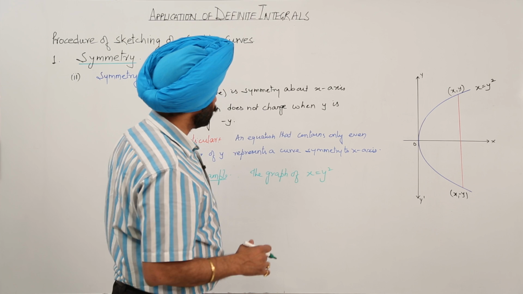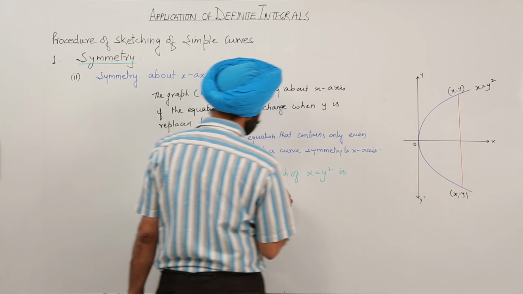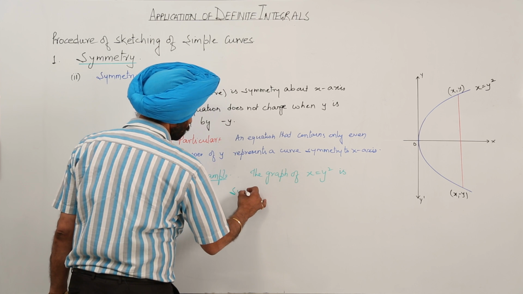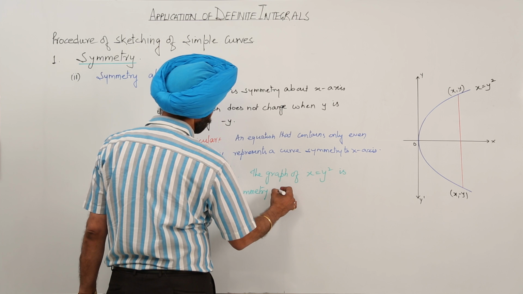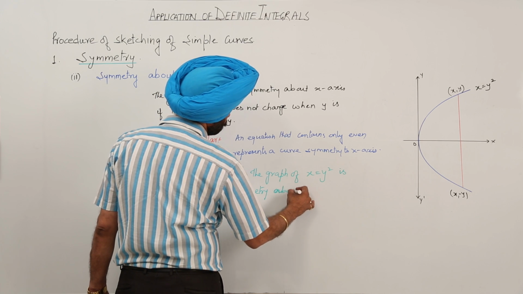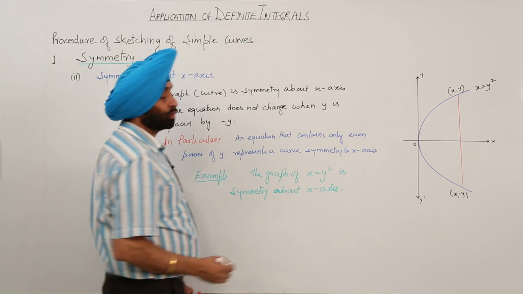Okay, so the graph of x is equal to y square is symmetry about x-axis. So this was the second point.